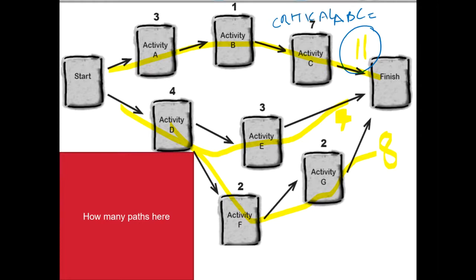So another definition of a critical path is that it is the longest path in your network. And also, if we are asked how long will this project take to deliver, the answer would be 11 weeks. So it also indicates the duration to complete this project.